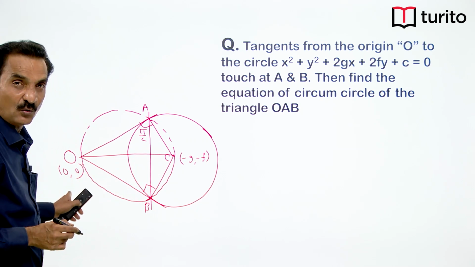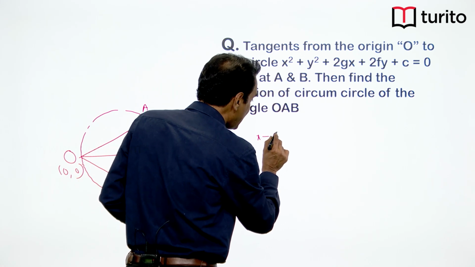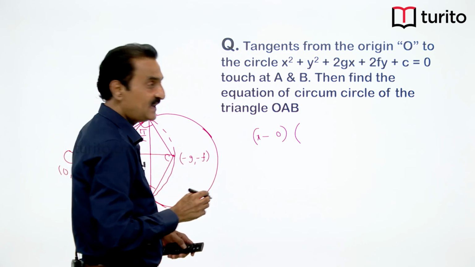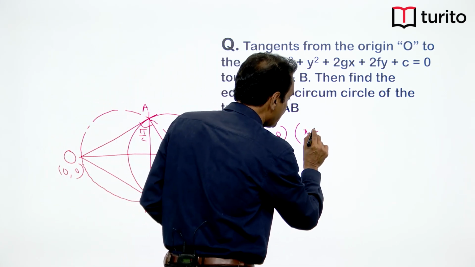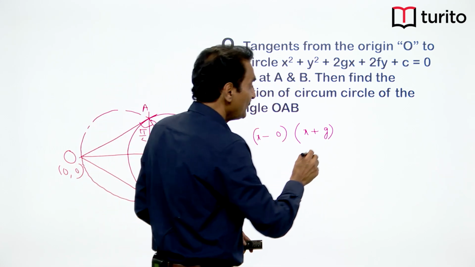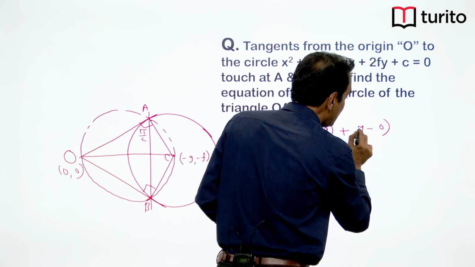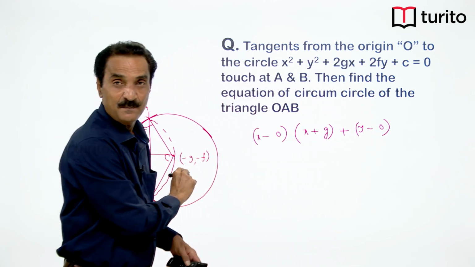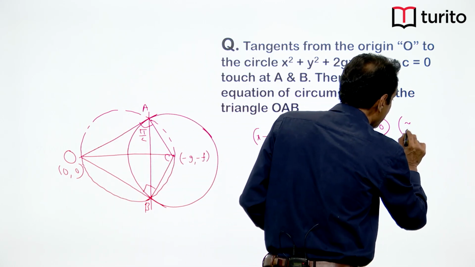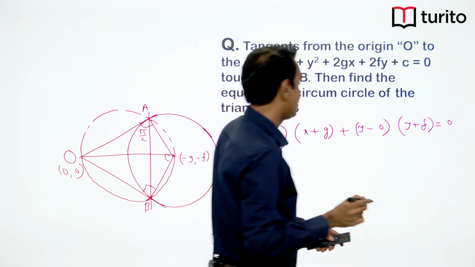Equation of the circle with OC as diameter is, using diameter form, (x minus 0)(x minus of minus g), that is (x plus g), plus (y minus 0)(y minus of minus f), that is (y plus f), is equal to 0.